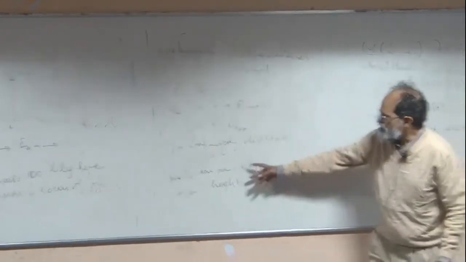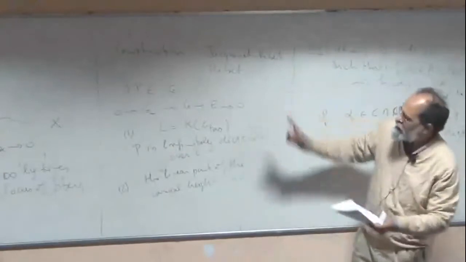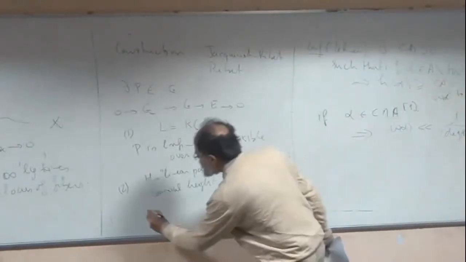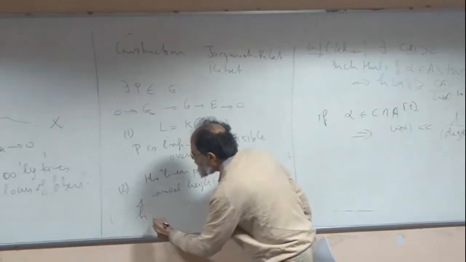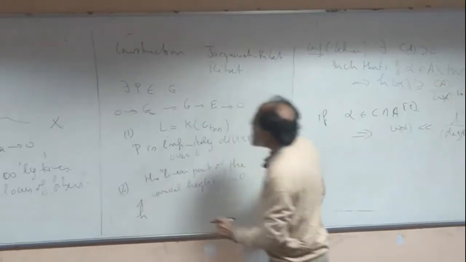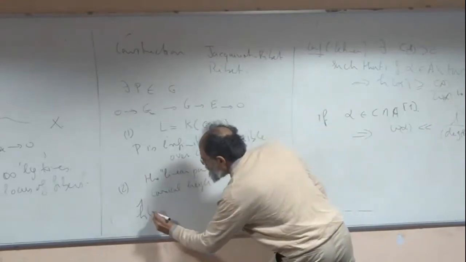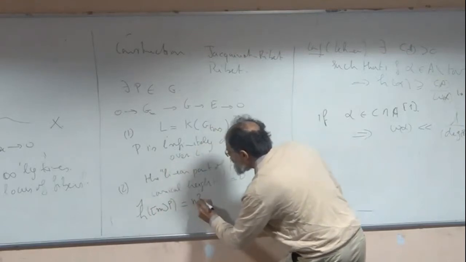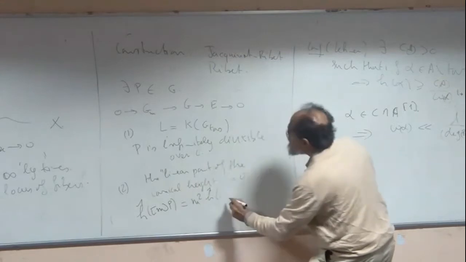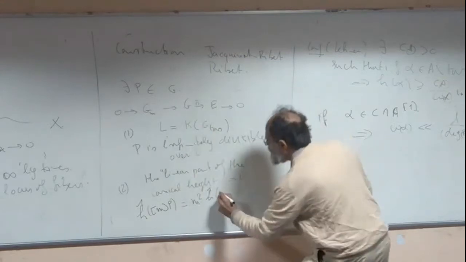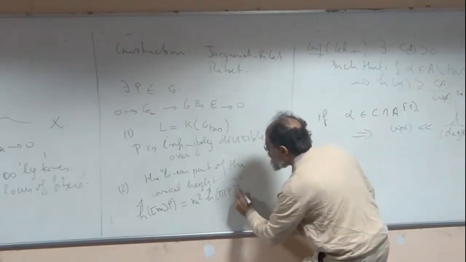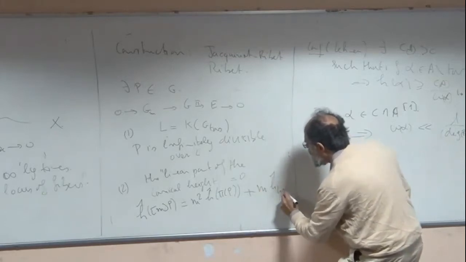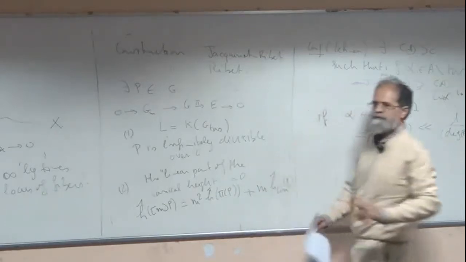So to define the linear form of the canonical height, I would need 4 minutes. So let us just assume that, in fact, you can define an extension of the Néron-Tate height over G such that the height of m times p is equal to m squared times the Néron-Tate height of the projection pi of p, plus m times a linear form.